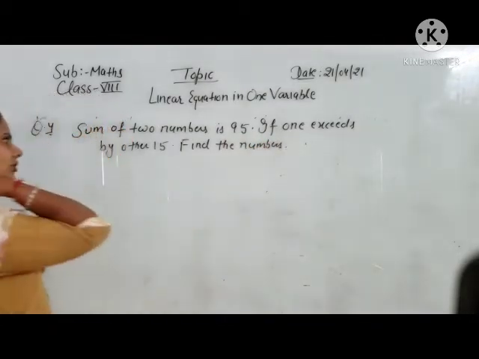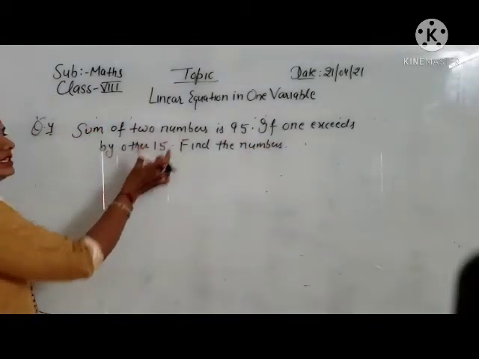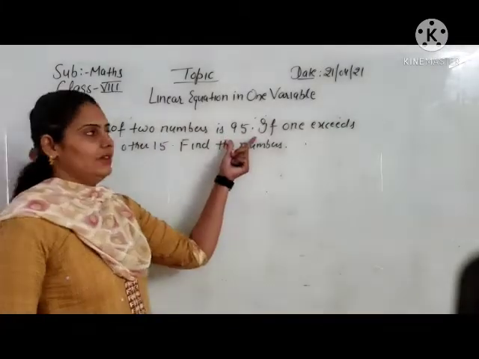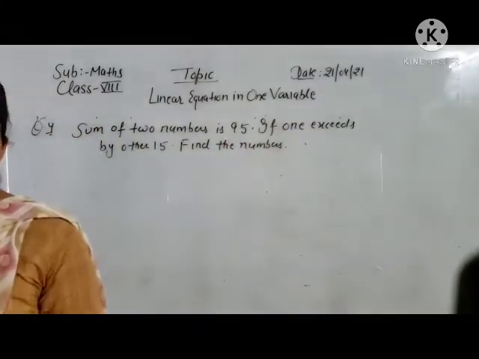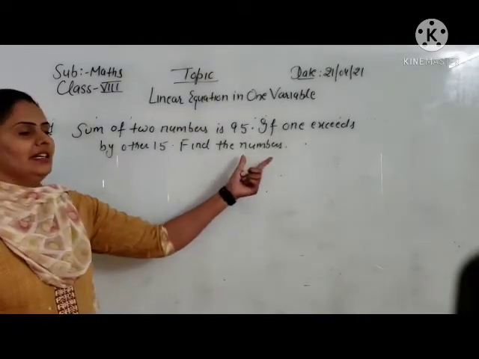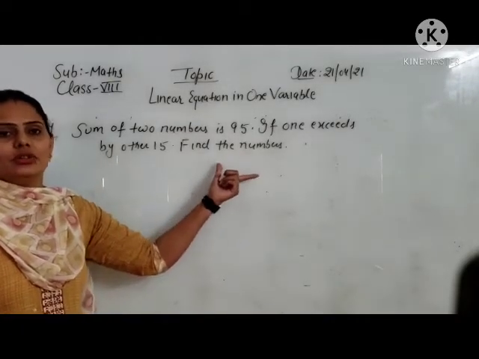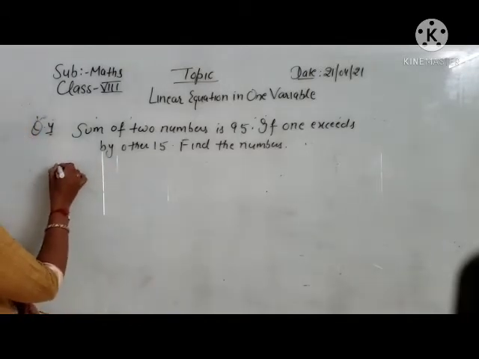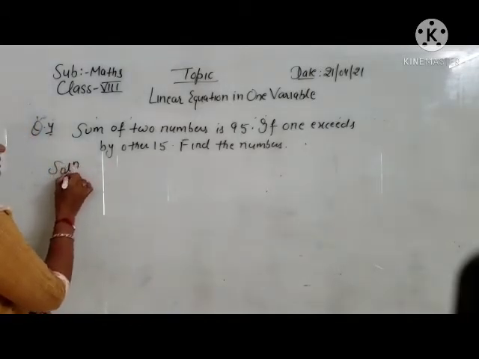So here in this question you can see the sum of two numbers is given as 95, and one exceeds the other by 15, so find the numbers. You don't have any number, so first you have to assume.